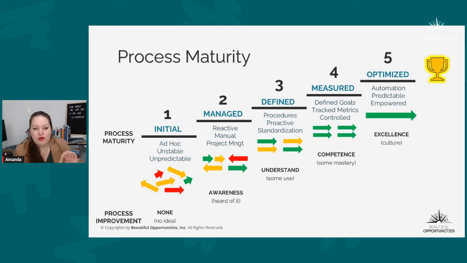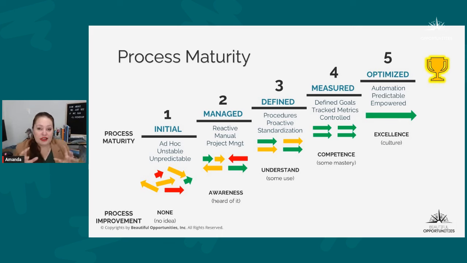But then we move on to managed. So in a managed space, now we're getting more of an awareness as an organization. We might have more of an awareness of continuous improvement, or we've heard the word, we've heard some of the ways that we can improve. But in this space, businesses are usually looking at projects versus just trying to get everything done.